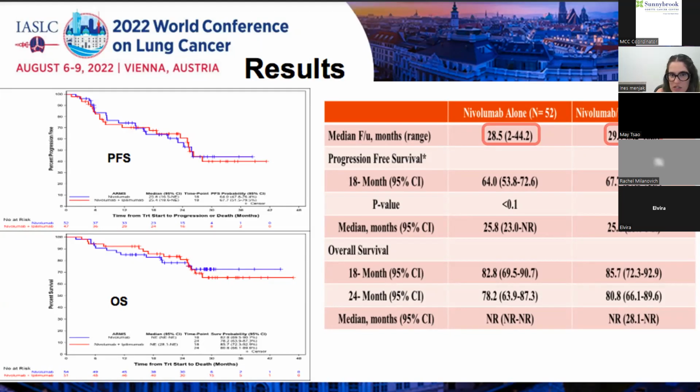So this treatment strategy was reasonable with only 6 months of consolidative immunotherapy, regardless of whether it was nivo alone or the combined immunotherapy.